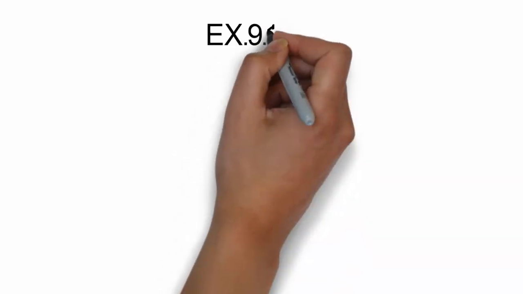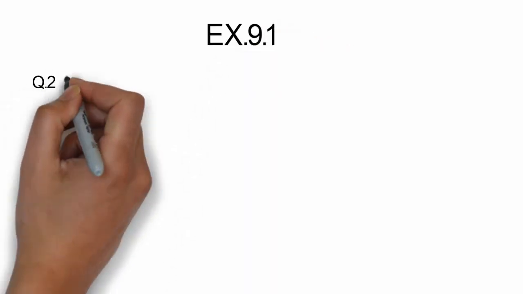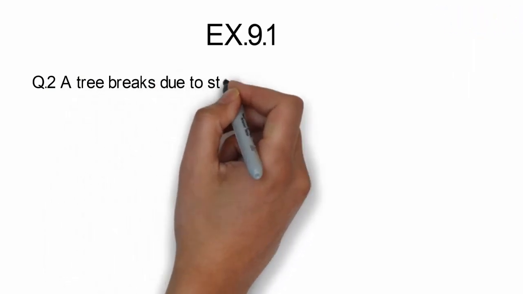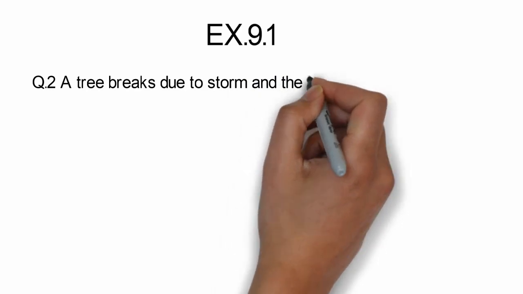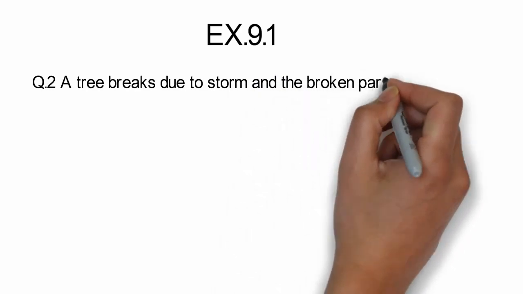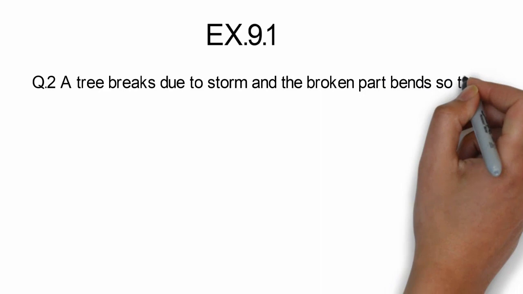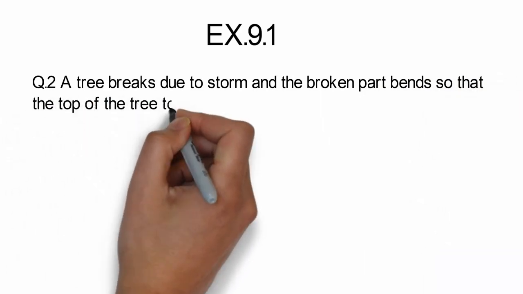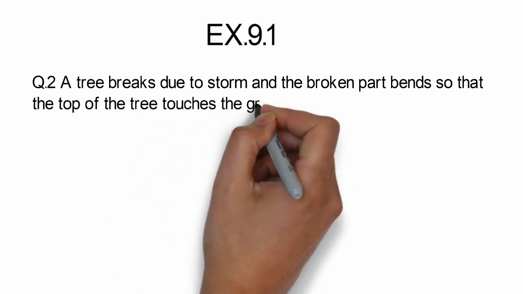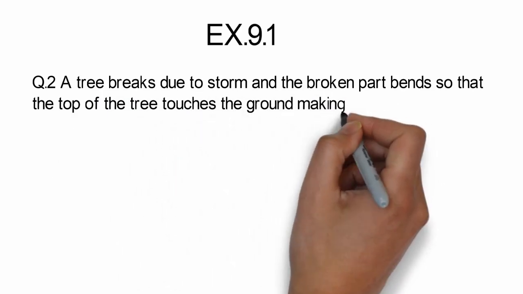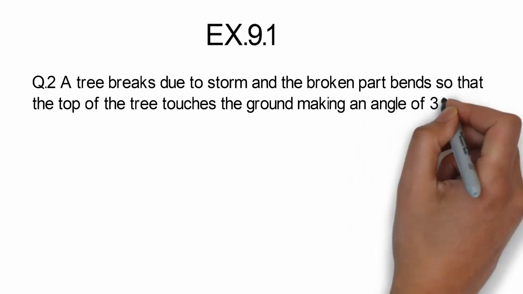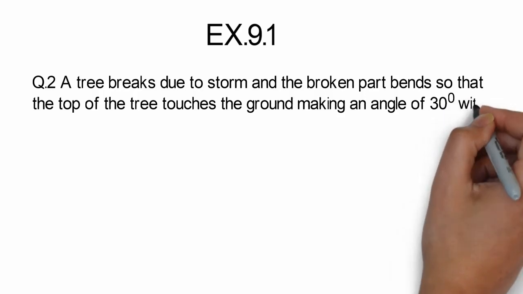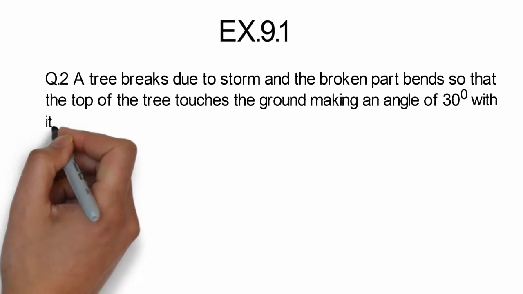Yes, students. Today we are doing exercise 9.1, question number 2. A tree breaks due to a storm and the broken part bends so that the top of the tree touches the ground, making an angle of 30 degrees with it.